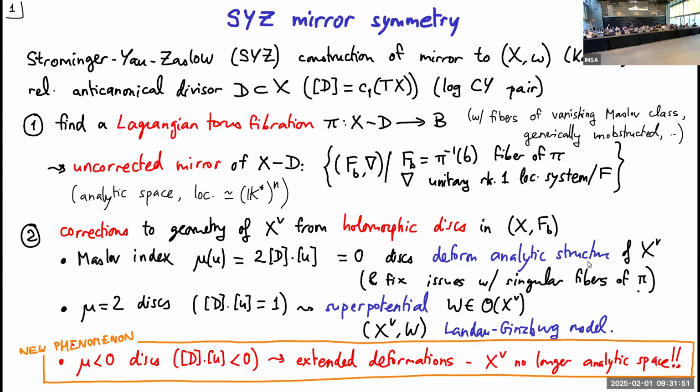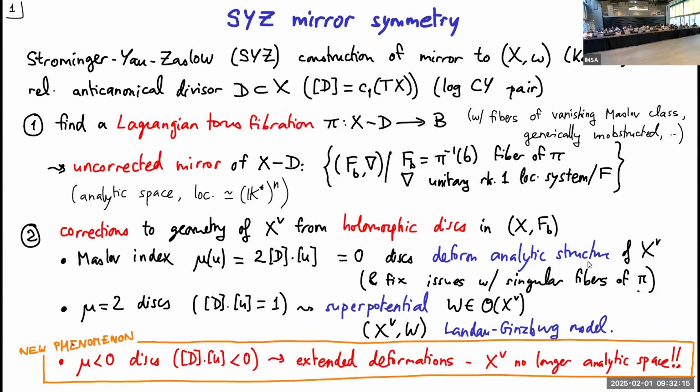We start from a Kähler manifold, and because mirror symmetry naturally wants to privilege Calabi-Yaus, we make it into a log Calabi-Yau pair by taking a divisor, a union of hypersurfaces that represents the anticanonical class, the first Chern class.